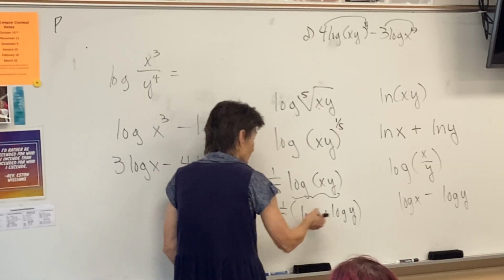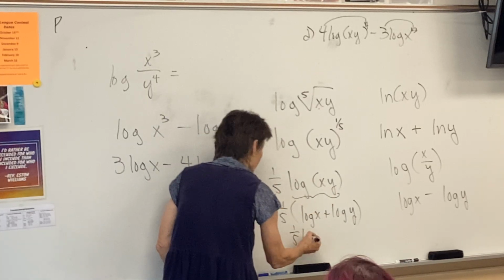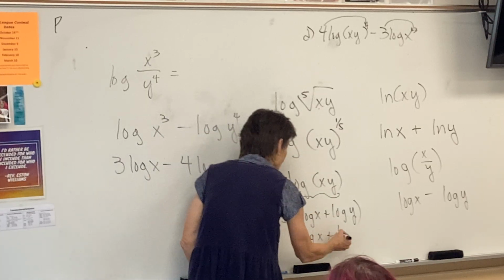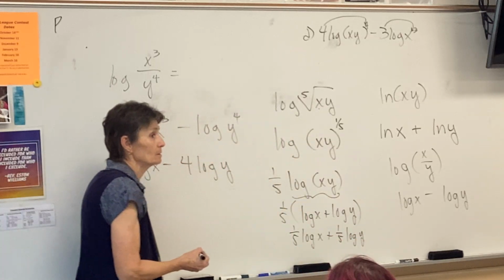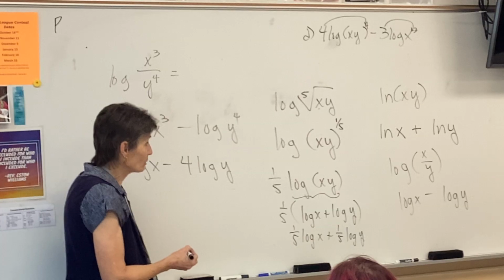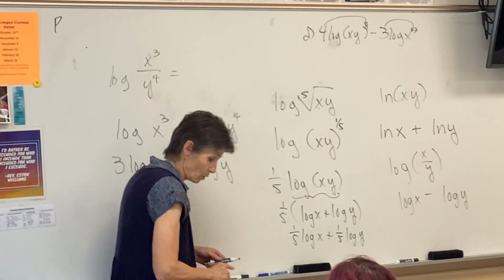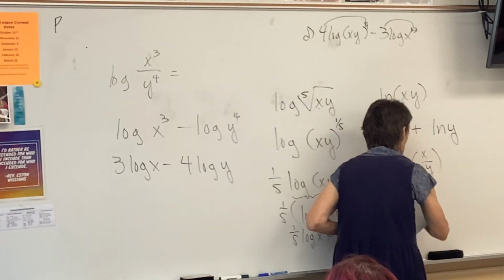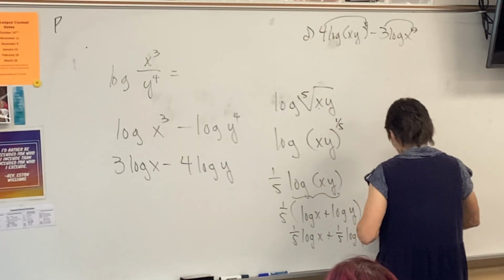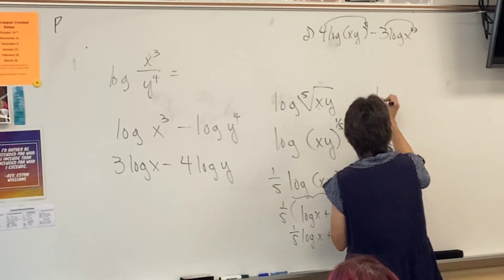So you can leave it like this, or you can go ahead and distribute the 1/5, if that makes more sense to you. X and Y are both under the radical, so they both are going to have the 1/5. Compare that to the next problem.